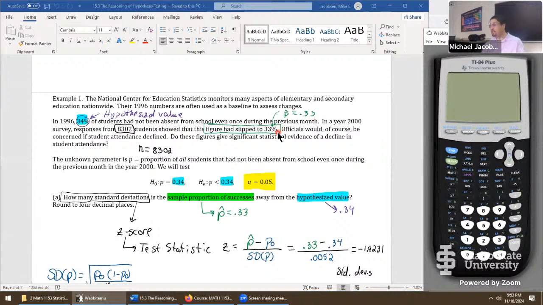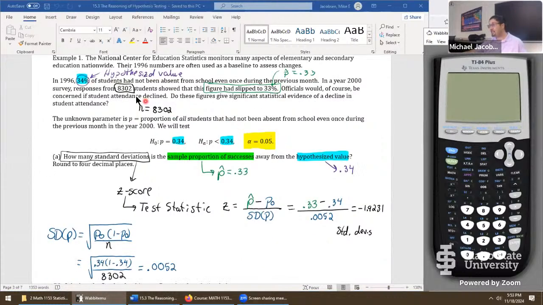So it actually went down a little bit. But we know from statistics, that's not enough to get excited. That doesn't mean there's a real effect in the population. We either have to conduct a confidence interval analysis to see if something is really going on, or like in this problem, we're going to run a hypothesis test analysis.